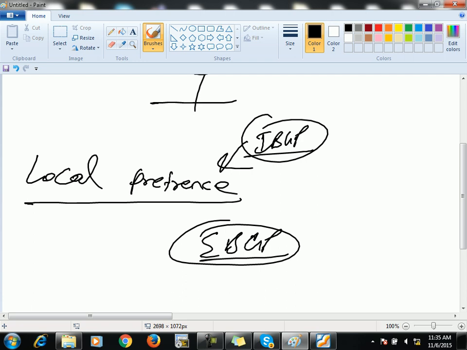So remember, local preference cannot cross its AS boundary, but within an AS it will always be carried forward within BGP updates. So it is not locally significant, unlike weight.